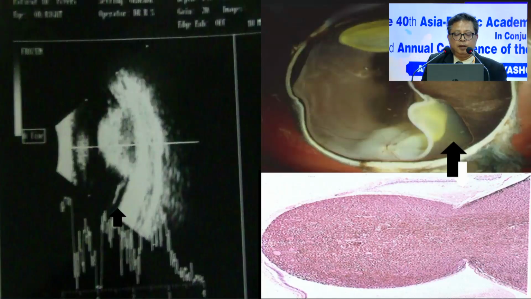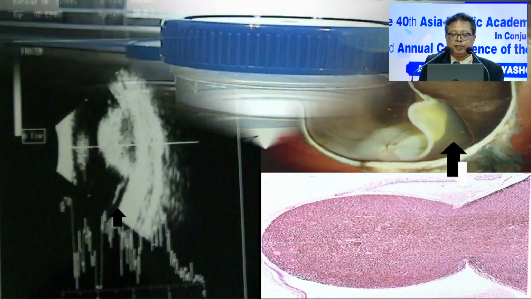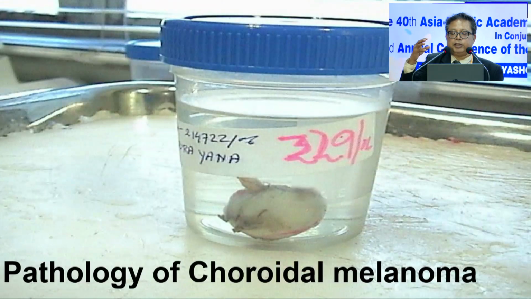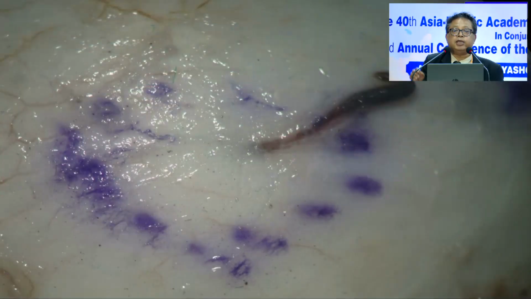So in a clinical case you get a B-scan ultrasound, and in histopathology the same choroidal excavation and other features can be seen. Now you see you get a specimen like this. Always remember that formalin is there in the specimen, and what is important here is the marking of the vortex vein. This is very, very important, and you have to see this.